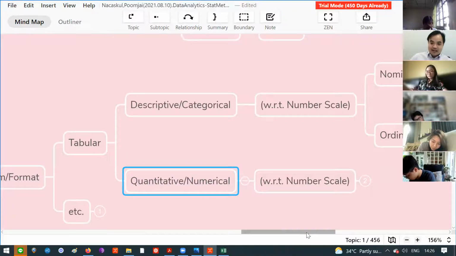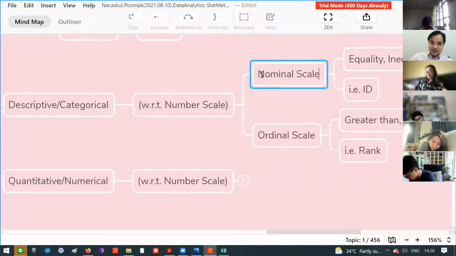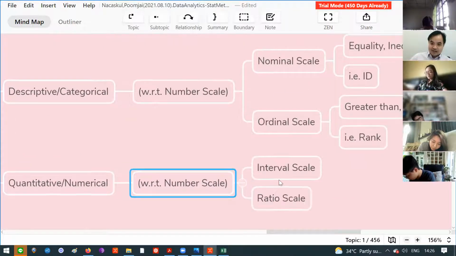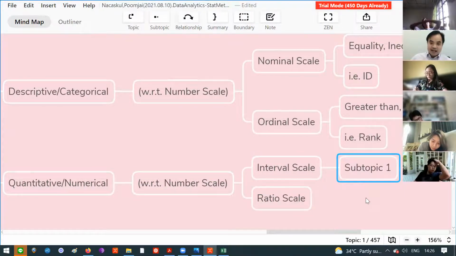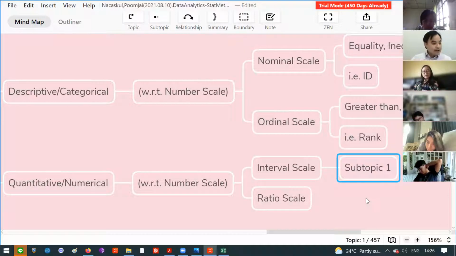Now, let's look at the number scales. There are 2 more number scales, interval and ratio. Interval, what can you do? You can take the difference, right? You can say that a room, which is 68 degrees Fahrenheit, is 3 degrees hotter than 65.